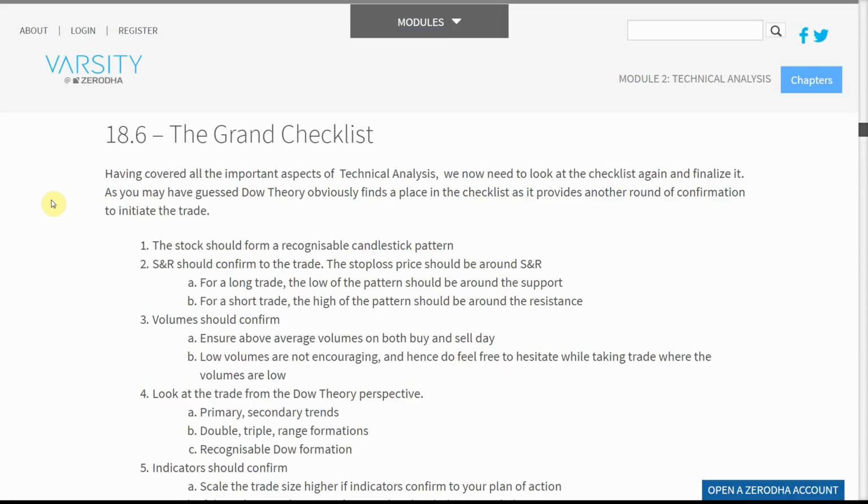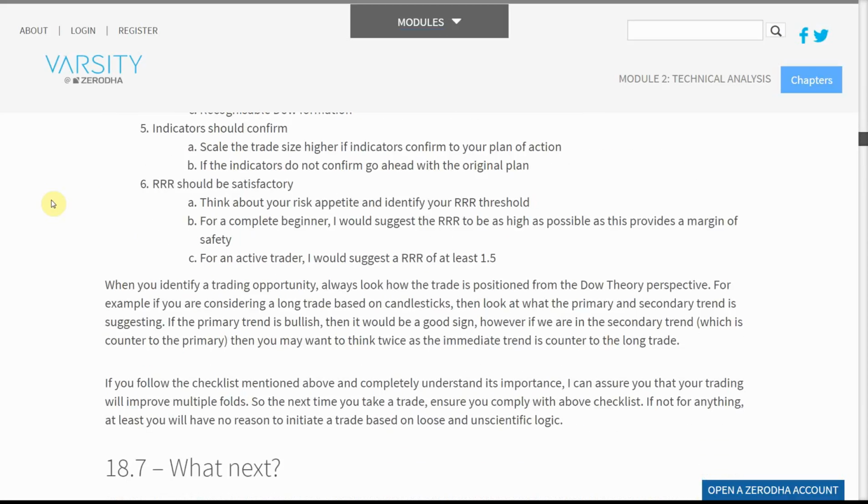Scale the trade size higher if indicators confirm your plan of action. If the indicators do not confirm, go ahead with the original plan. RRR should be satisfactory. Think about your risk appetite and identify your RRR threshold. For a complete beginner, I would suggest the RRR to be as high as possible, as this provides a margin of safety. For an active trader, I would suggest a RRR of at least 1.5.